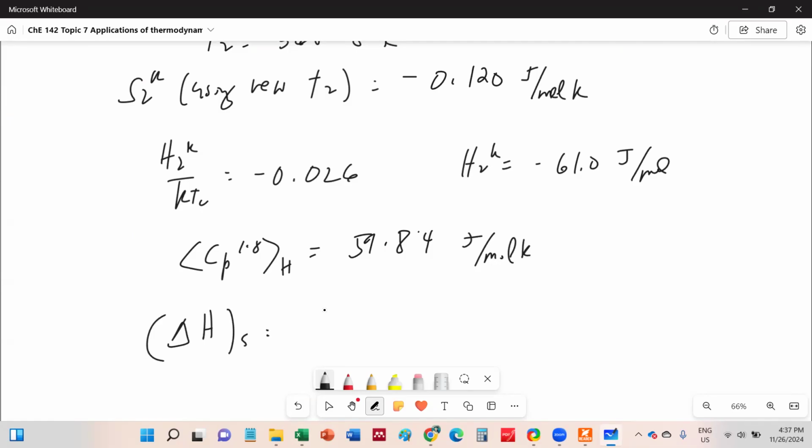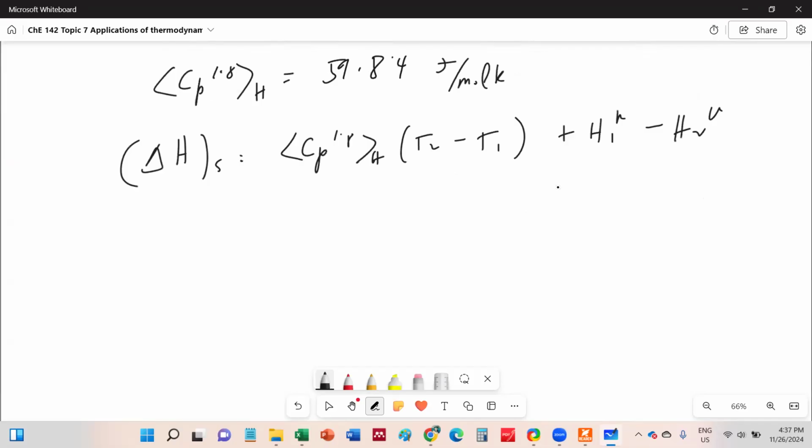And now we can solve for delta HS. That's H1R minus H2R. Okay. Substituting the values. Let's substitute.